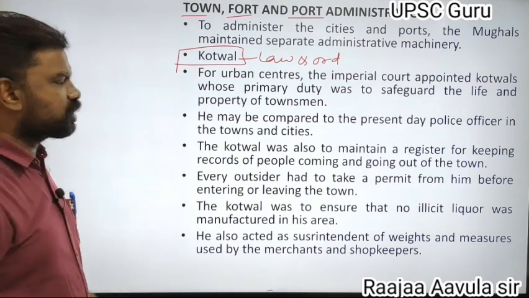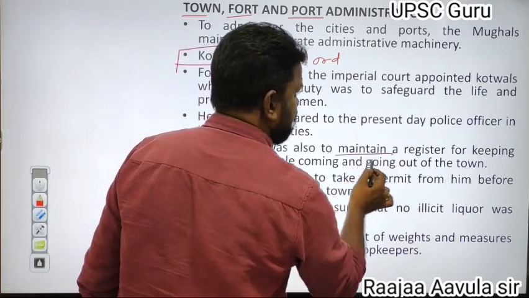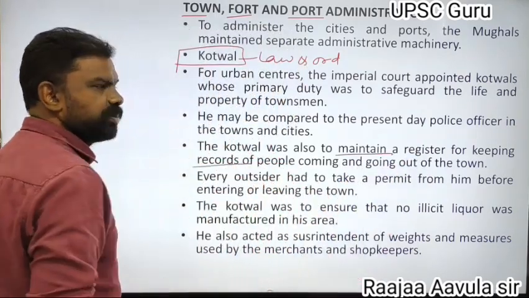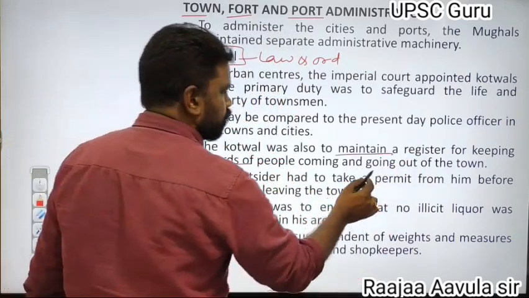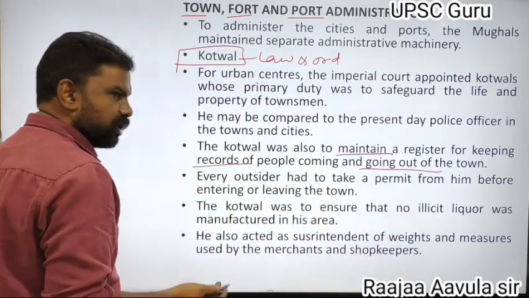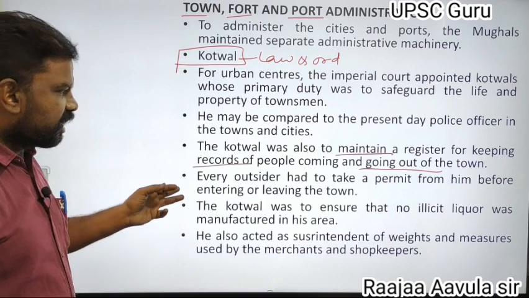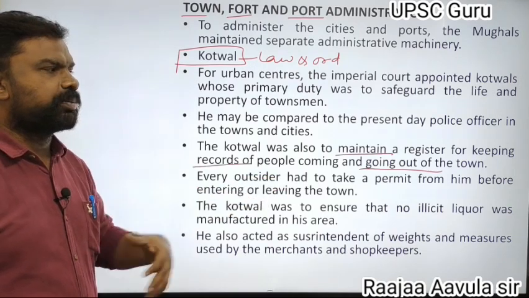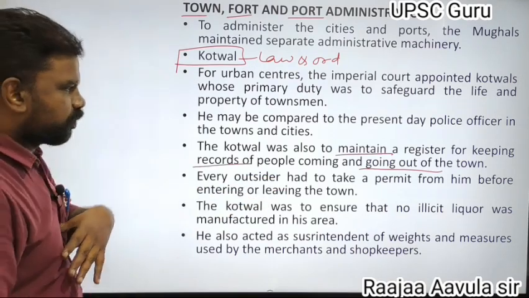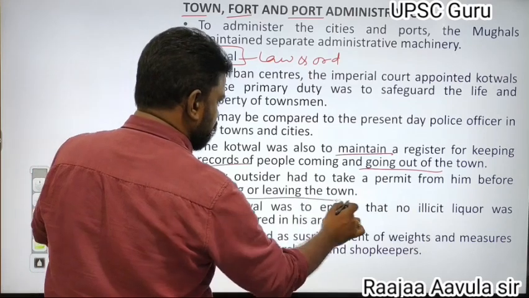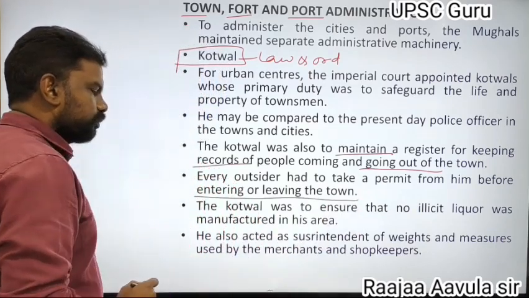The Kotwal also maintained a register for keeping records of the people, incoming and outgoing, to the city and outside the city. Every outsider had to take a permit before entering or leaving the town.